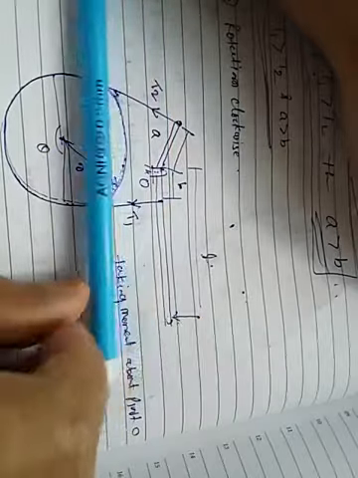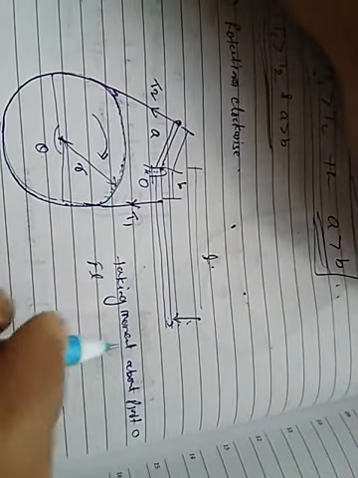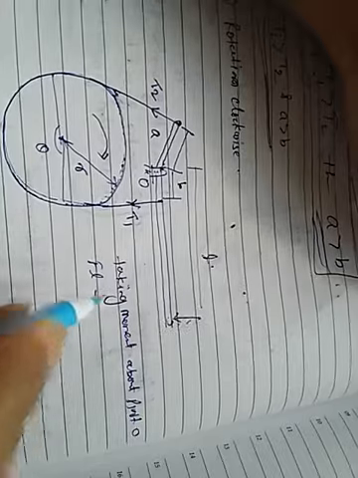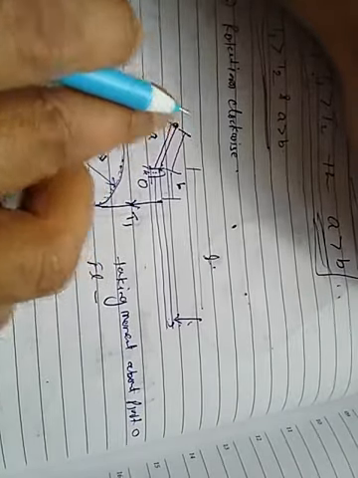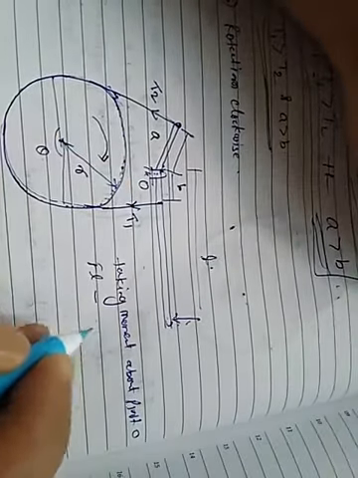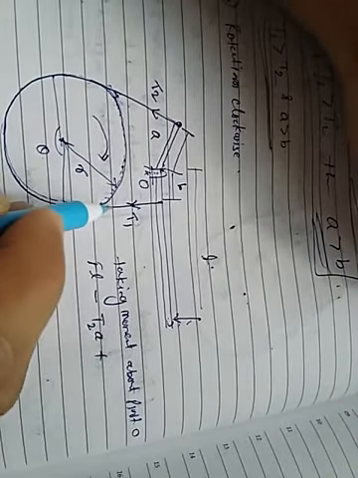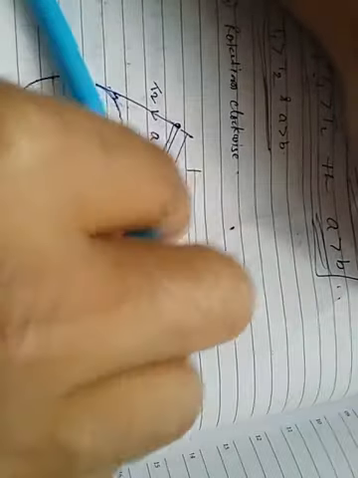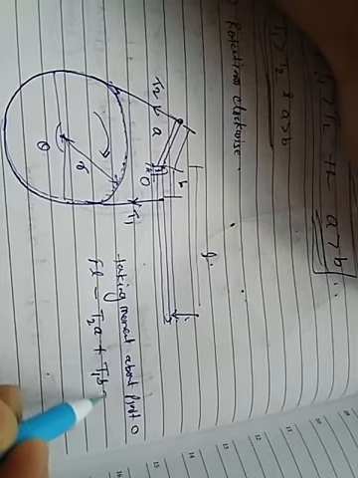Force into perpendicular distance, FL, in the clockwise direction. Then T2 here tries to turn anti-clockwise, so negative T2 A, and T1 about this point tries to turn clockwise. Then T1 B equal to 0.